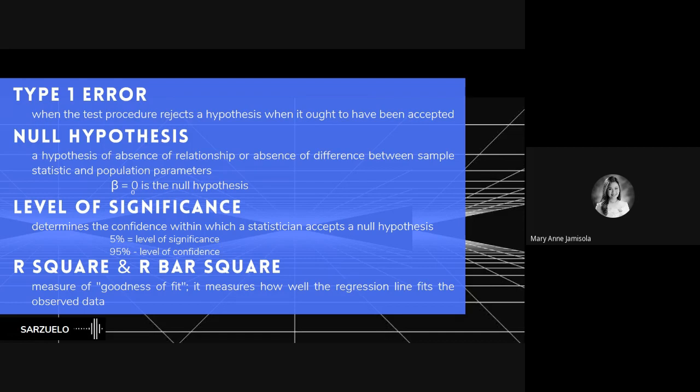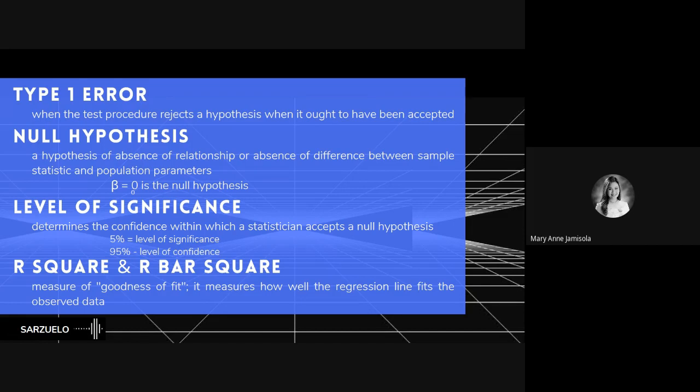The validity of a hypothesis against the alternative hypothesis is tested at a certain level. The level of significance determines the confidence within which a statistician accepts a null hypothesis. 5% is the level of significance, and 95% is the level of confidence.